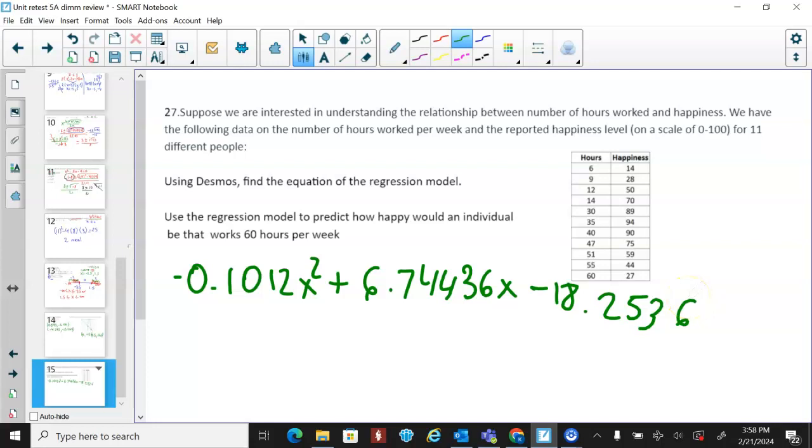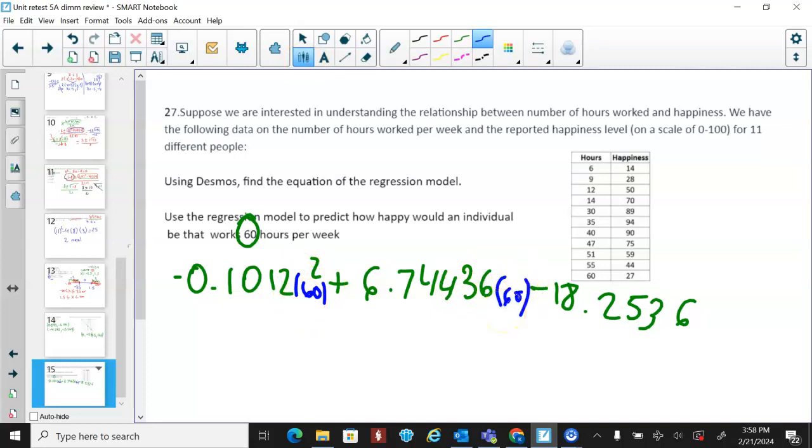Now it's asking you, use the regression equation to determine how happy an individual would be that works 60 hours a week. So we're going to take this and plug it in, and instead of this x right here, okay, and instead of this x, we're going to put 60 there, okay, and square it, and then we're going to put times 60 here, and we're going to put it into the calculator.